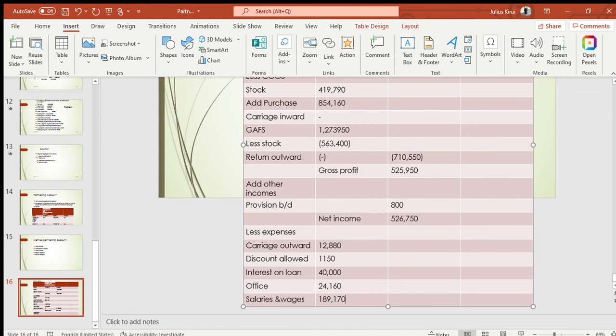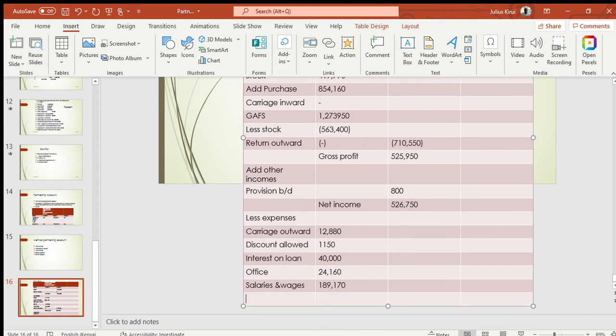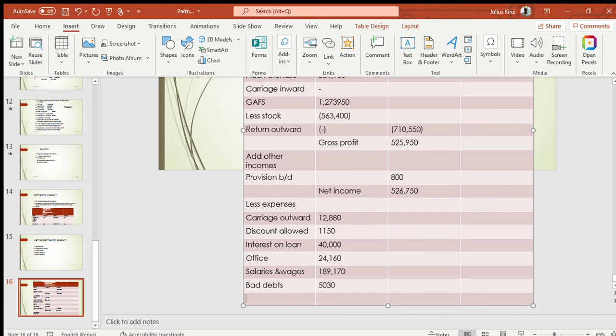What else do we have? Bad debts. That's an expense. Bad debts. How much is the bad debts? 5,030. Which other item?